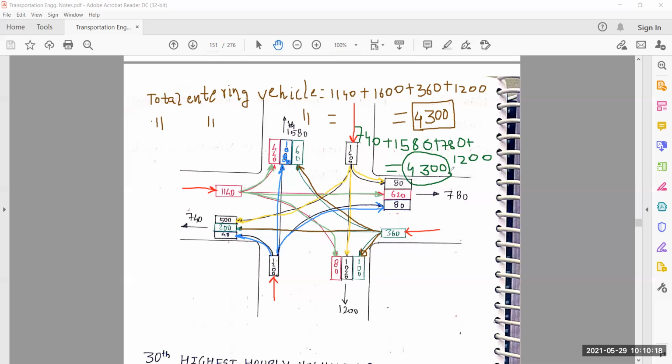Basically it is based on the conservation of mass. That means conservation of traffic is also valid here. The vehicles entering the system are the same vehicles that go out from the system, which we already saw.